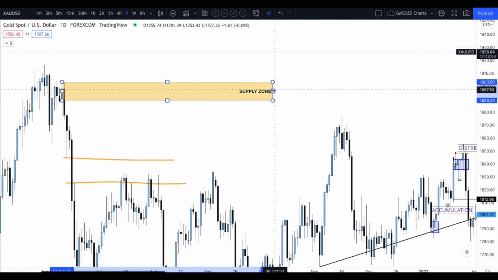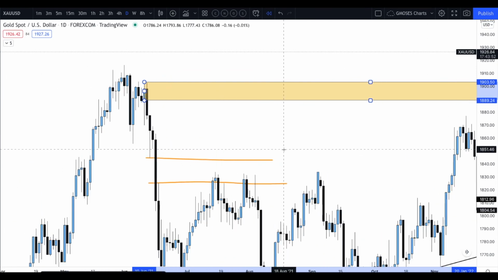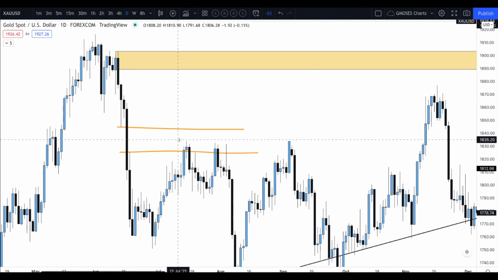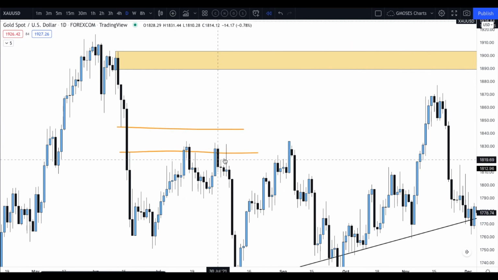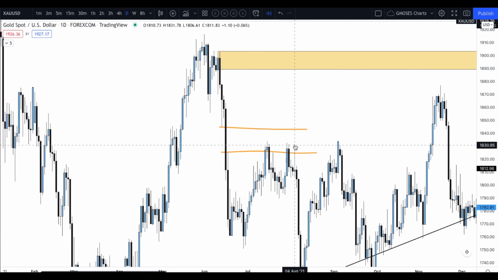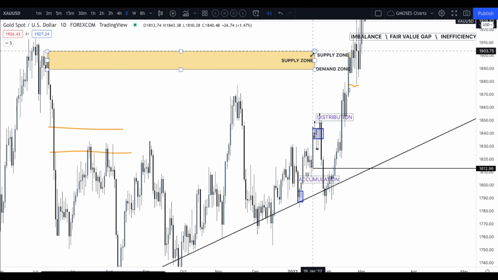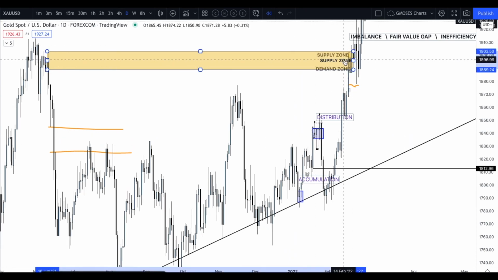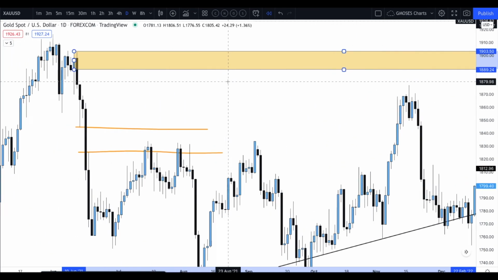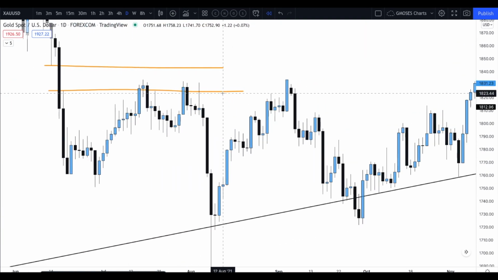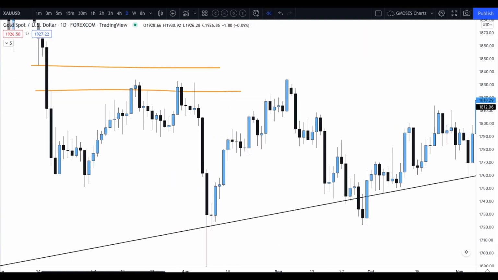And if we move this over, we can see we had this imbalance within the market, but we can see price rapidly came back to actually close out this imbalance within the market. Okay. We can also see that the supply was actually closed out as well. Let's look at some other examples on this particular time frame. We can see we had another imbalance here. Price came back to actually close it out.